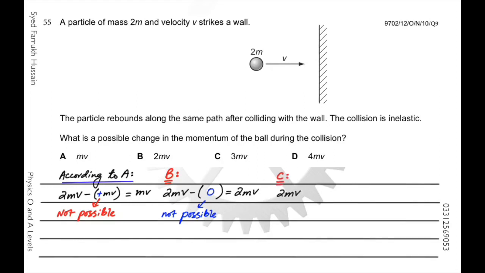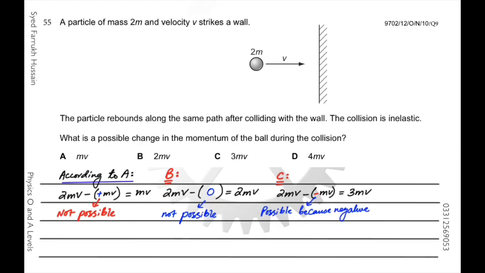To check option C, 2mv minus X is equal to 3mv. Now to make the change in momentum 3mv, the final momentum must be minus mv, and this can be the answer because minus is indicating that the object is moving in the opposite direction, and the velocity is actually v upon 2 because the momentum was 2mv, so velocity is v upon 2, which means final speed is less than initial speed, and it's written that the collision is inelastic, which means kinetic energy after collision will be lesser.